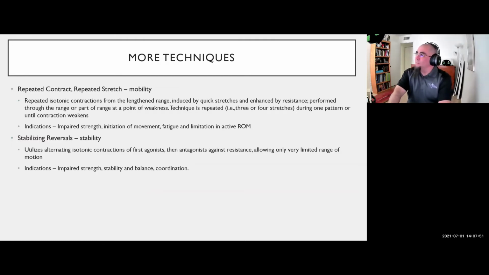All right. So repeated contract, repeated stretch is going to be for mobility. The patient is going to do a repeated isotonic contraction from a length and range induced by quick stretches. This is that quick stretch technique that I was talking about. So this is that one where I go out, I pop that joint to bring them up and across, and then I pop up and across to fire them down and out.